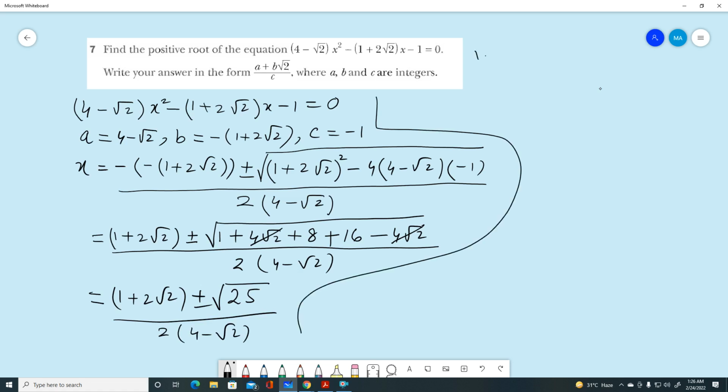So 1 plus 2 root 2 plus 5 upon 2 into (4 minus root 2).